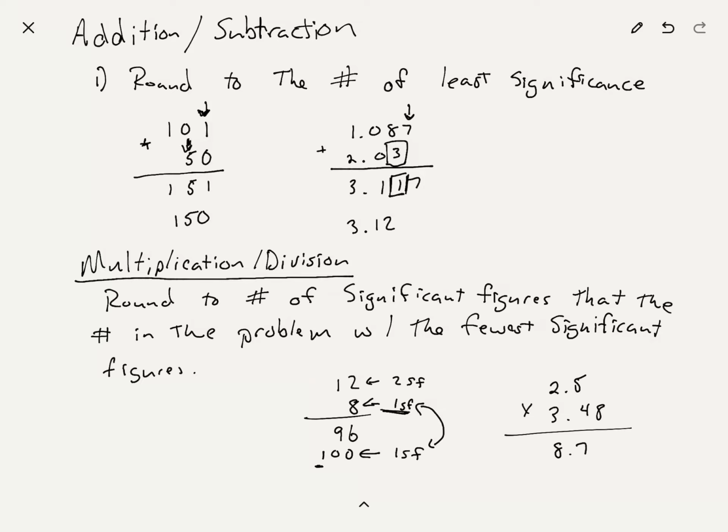Huh, that's fun. So we get 8.7 after we do that multiplication, and in this case, since we've got 2 sig figs here and 3 sig figs here, we need to have 2 in our answer, and our answer already has 2 sig figs, so we wouldn't have to round it at all.